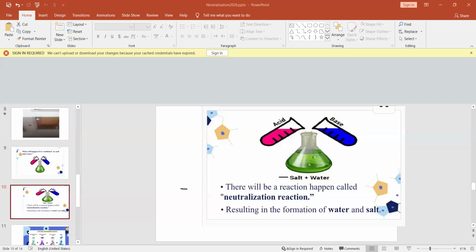For example, guys, we also need the definition of neutralization reaction.